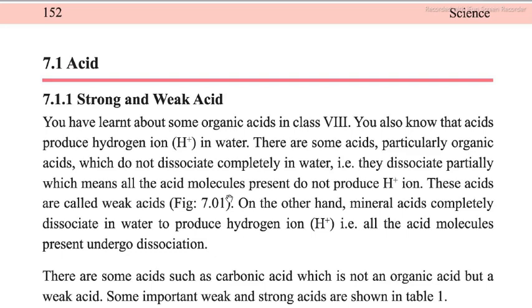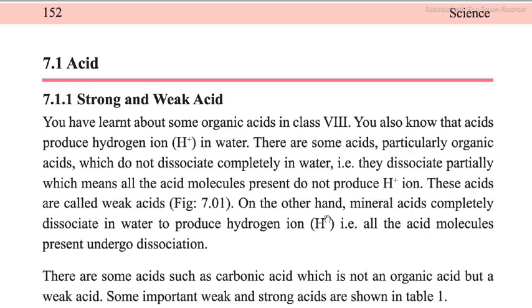Aqueous Arrhenius acids have characteristic properties which provide a practical description of an acid. So this line has been said, all the acid molecules present do not produce H+ ion. These acids are called weak acids.